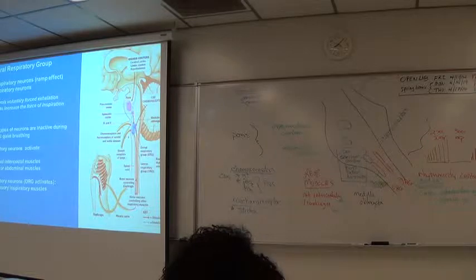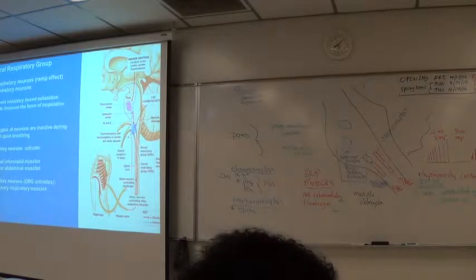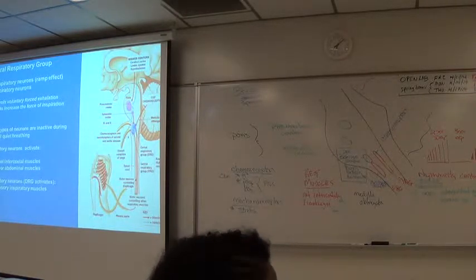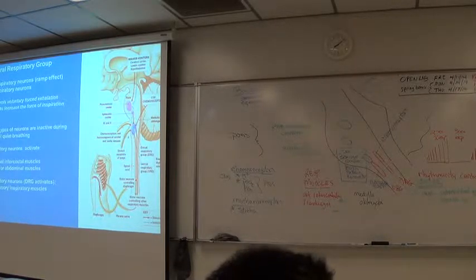So we went to do our forced expiratory volume, the FEV1. And just breathing out as hard and as fast as possible, you are involving the ventral respiratory group for that activity. And the dorsal respiratory group for just the normal tidal volume, but forced changes to that, you're going to involve the ventral respiratory group.